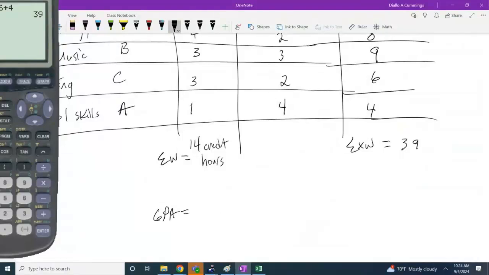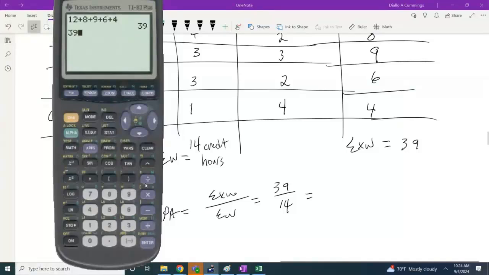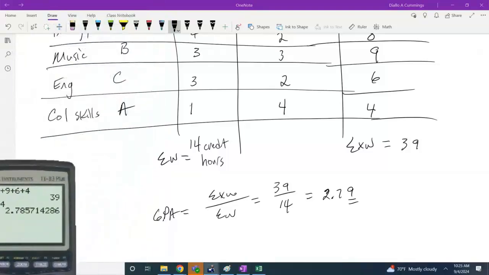So the GPA is equal to 39 divided by 14, which is 2.79, right? You always round your GPA to the nearest hundredth. Any question about that?